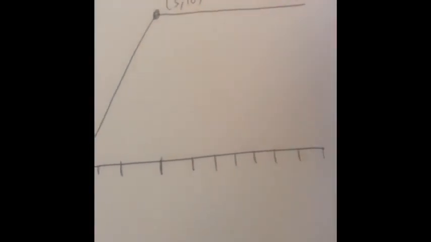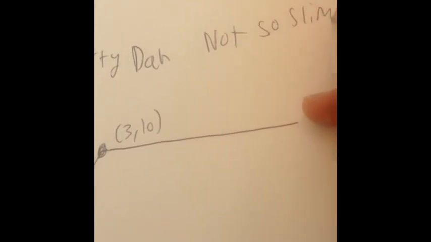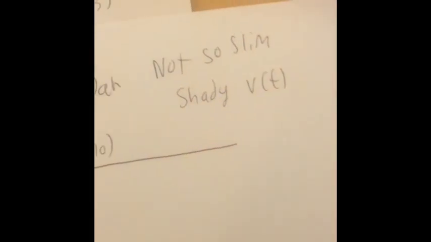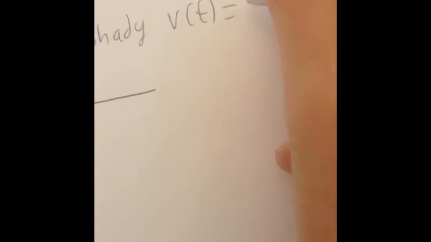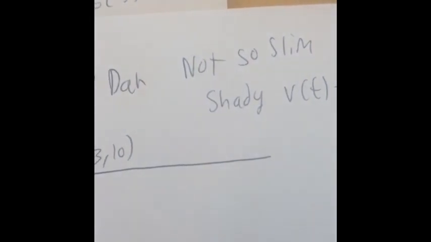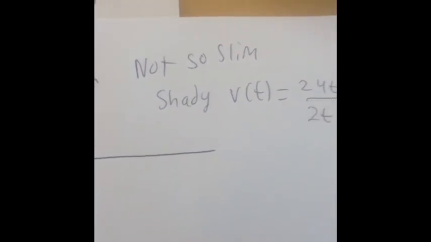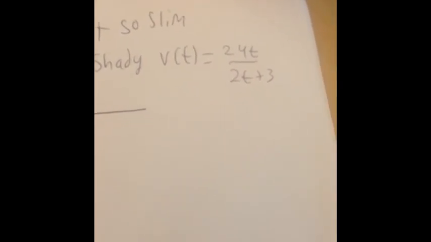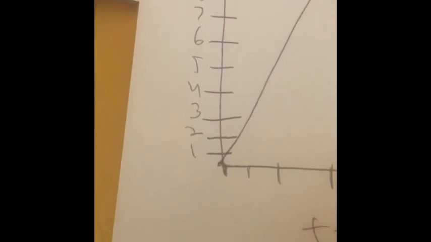And they also give you my velocity, Not So Slim Shady: V of t equals 24t over 2t plus 3. So, the first thing is to find the velocity of Dirty Dan and Not So Slim Shady at t equals 2 seconds.